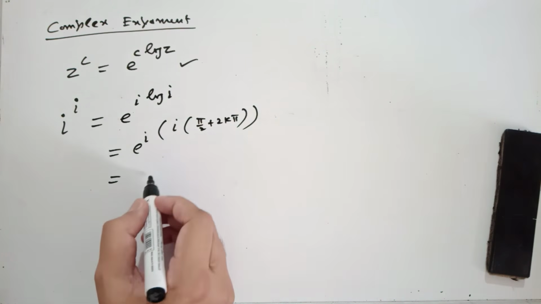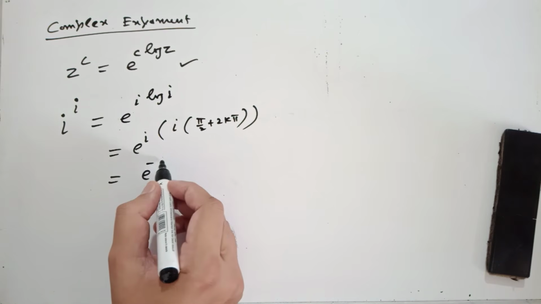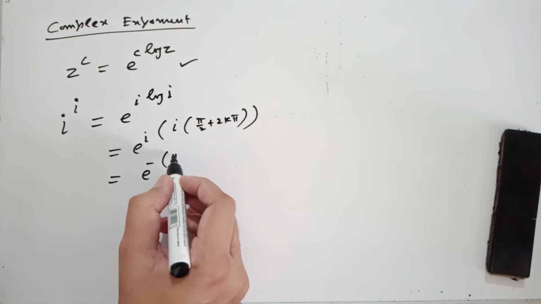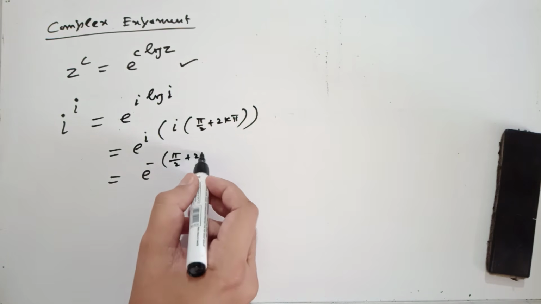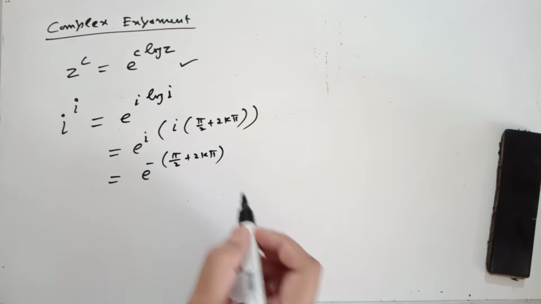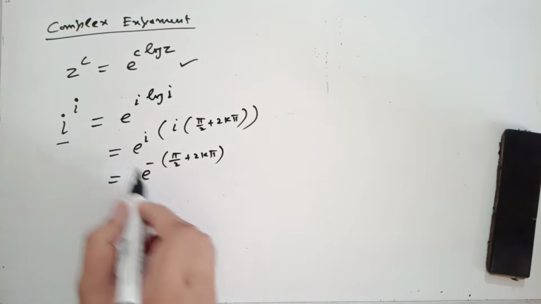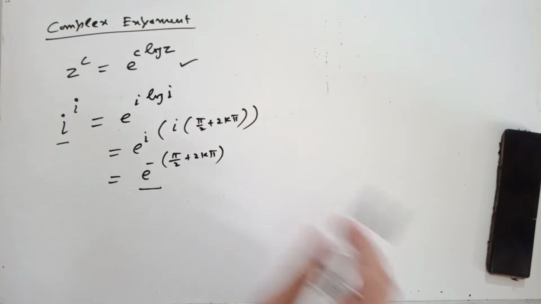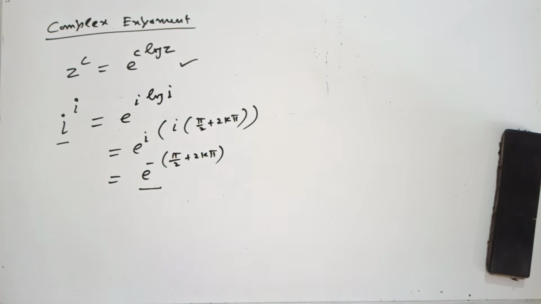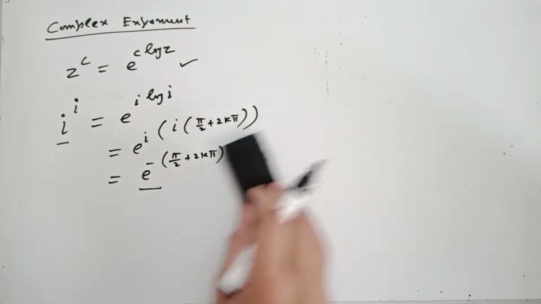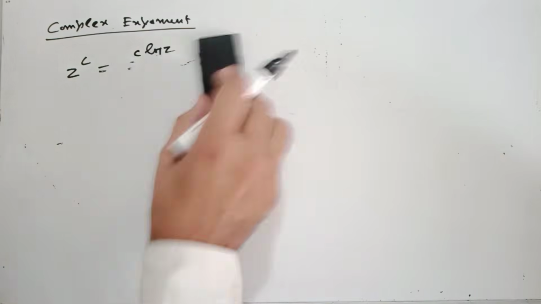What do you get from this? e power minus, pi by 2 plus 2k pi. You see, iota power iota is a real number in the end, following this definition. Okay, so this is how you can calculate complex exponent.